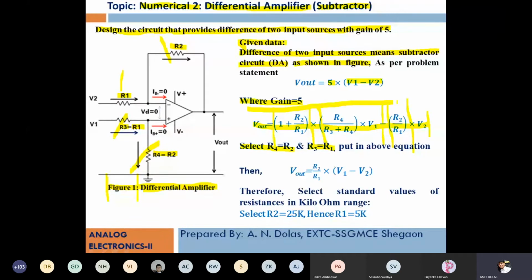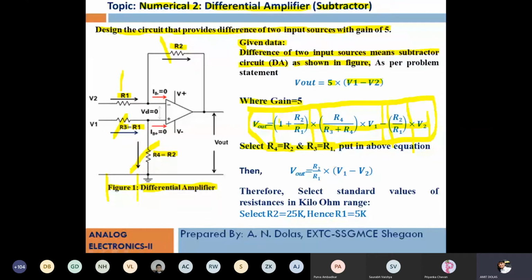But if you are using R1 and R2 only, you can equate those resistances: R4 is nothing but R2 and R3 is nothing but R1. So put the values. So what will this be? It will be 1 plus R2 by R1, it will be R2 by R1 plus R2, and it will still be R2 by R1.